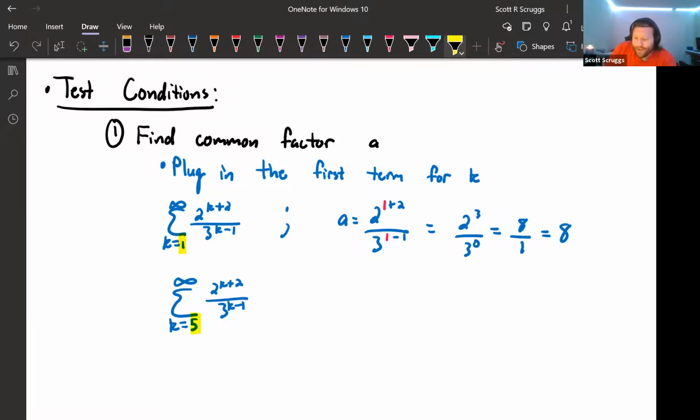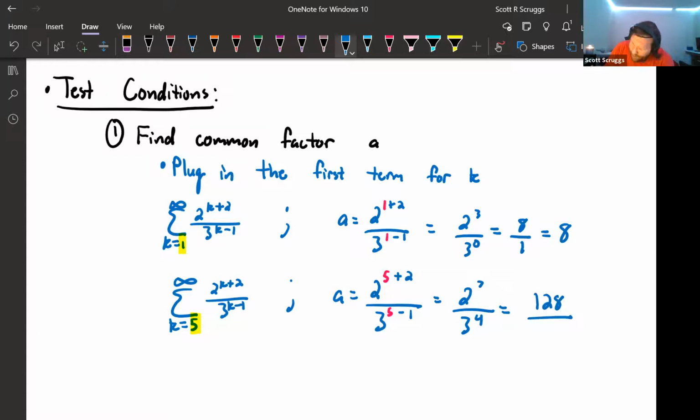Here, the series starts at 5, so my common factor is found by plugging in where the series begins. 2 to the seventh, 3 to the fourth. 2 to the seventh would be 128. 3 to the fourth would be 81. And that would be my common factor here.